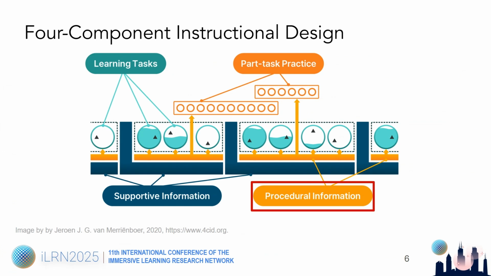When delivered in real time within immersive environments, such guidance can reduce cognitive load and promote the automation of essential routines. Applying this principle to XR requires adapting not just the content, but also how, when, and where procedural guidance is presented in the immersive space.